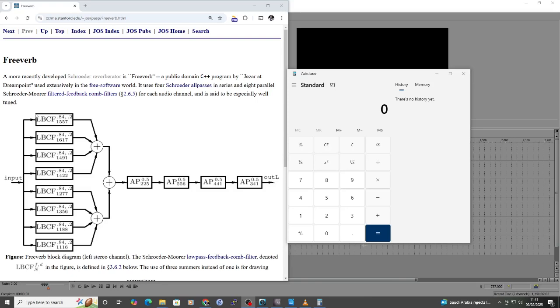So going back to Freeverb, remember we've got the 8 comb filters and the 4 all-pass filters, so that's 12 filters per channel, because this is left and it's duplicated for the right channel.